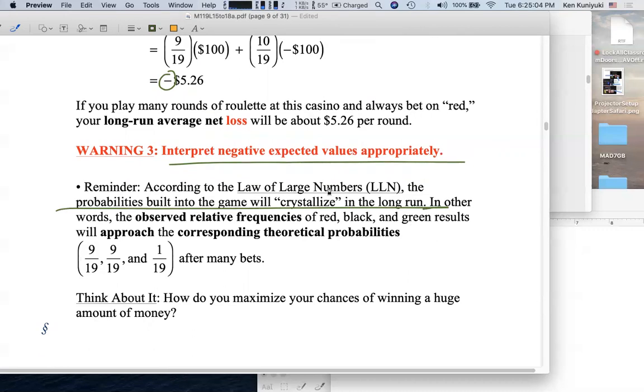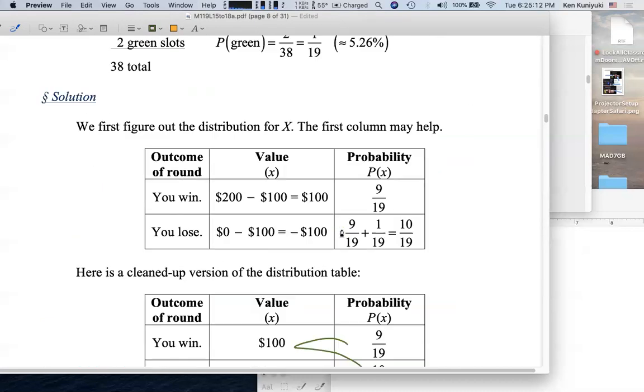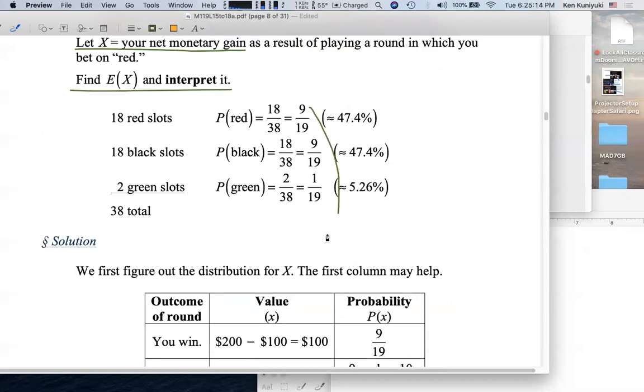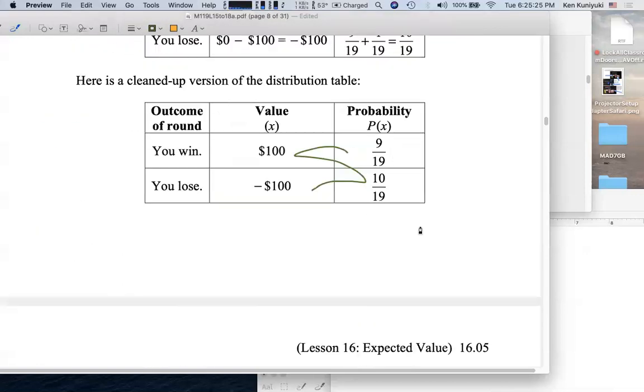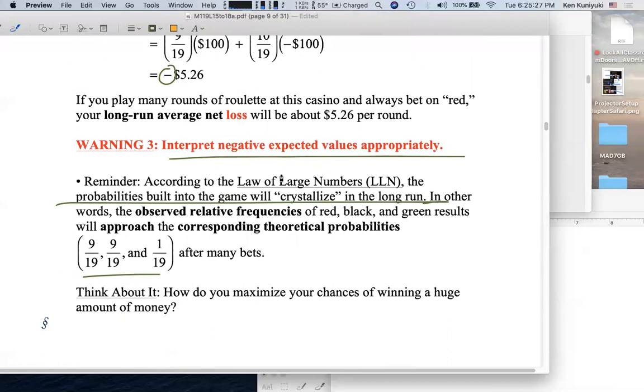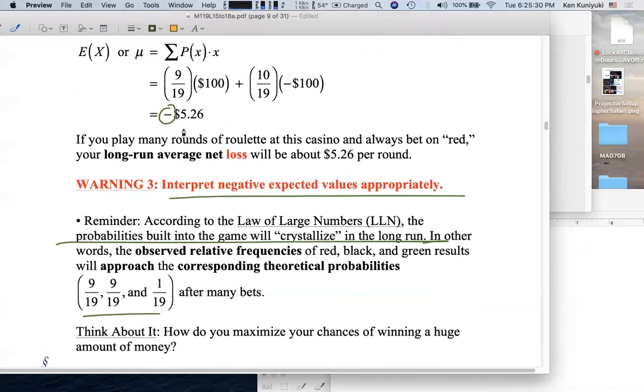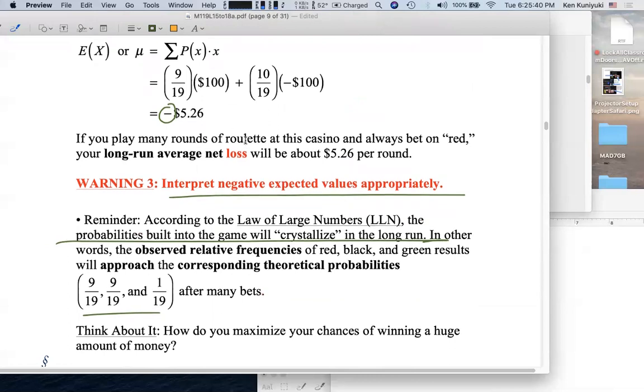So in other words, the observed relative frequencies of red, black, and green will approach the corresponding theoretical probabilities, the probabilities that we had listed way up here: 9/19, 9/19, and 1/19. And because of that, we expect this long run expected value to represent your long run average as the number of rounds approaches infinity.